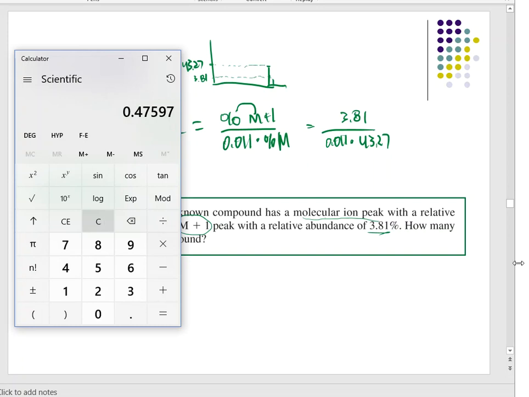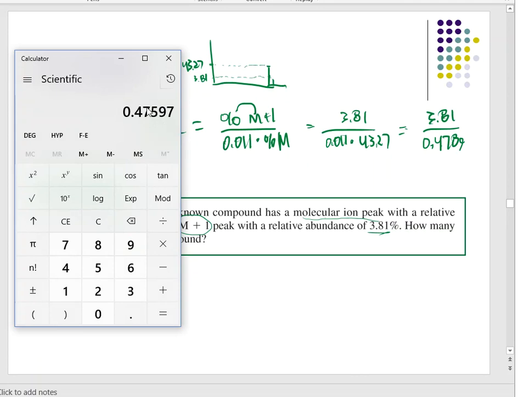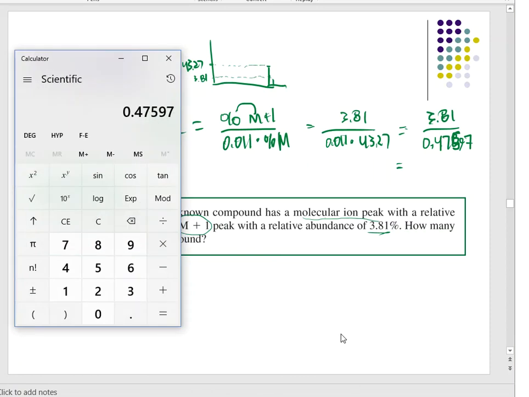And I get 0.47597. All right, then I'm going to take 3.81 divided by 0.47597.